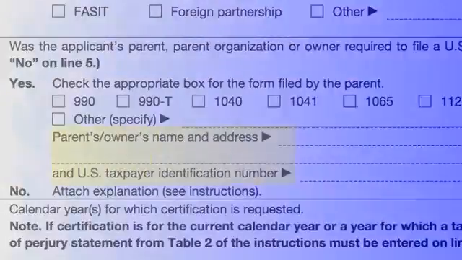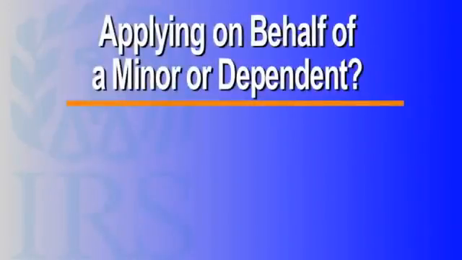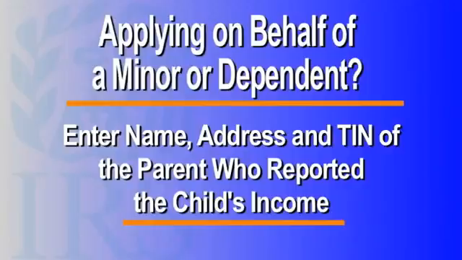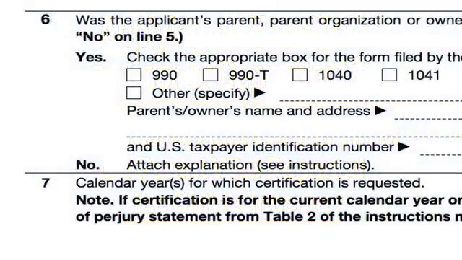If you are applying on behalf of a minor child or someone who could be claimed on a parent's return, enter the name, address, and TIN of the parent who reported the child's income. If you answered no to line 6, attach proof of the parent's, parent organization's, or owner's income and an explanation of why the parent is not required to file a tax return for the tax periods for which certification is based.